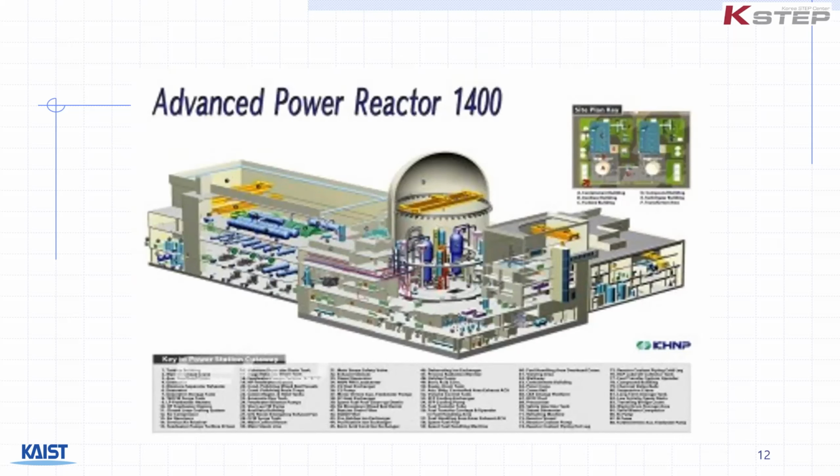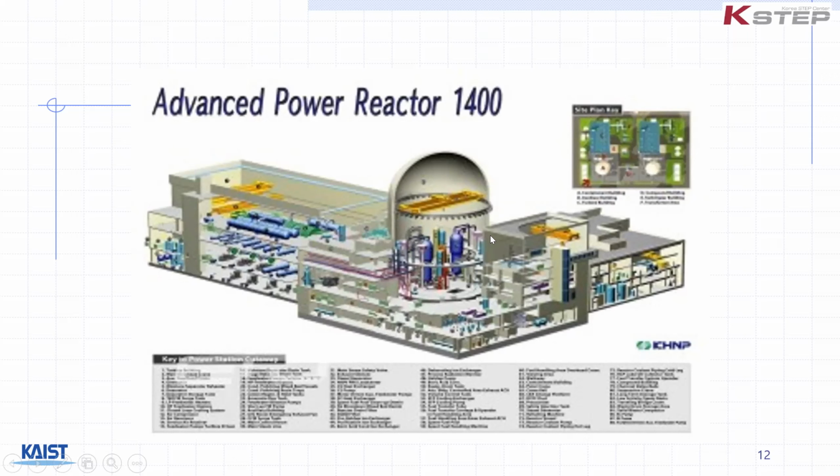And here is the nuclear power plant developed by Korea. KHNP is the short name of Korea Hydro and Nuclear Power Company. And they have their own design type of 1400 type reactor. Right? The reactor is in the center part with the circular, cylindrical dome.